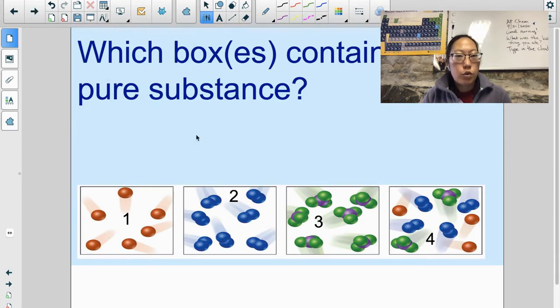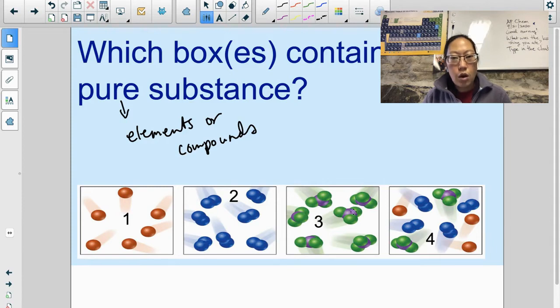Which boxes contain pure substances? Pure substances can be elements or compounds. So if we take a look here, only 1 and 2, we know those are elements. And if we look here, all of the particles in 3 are the same.